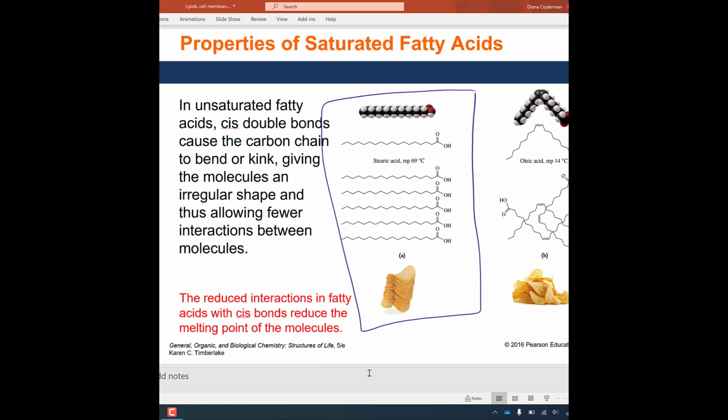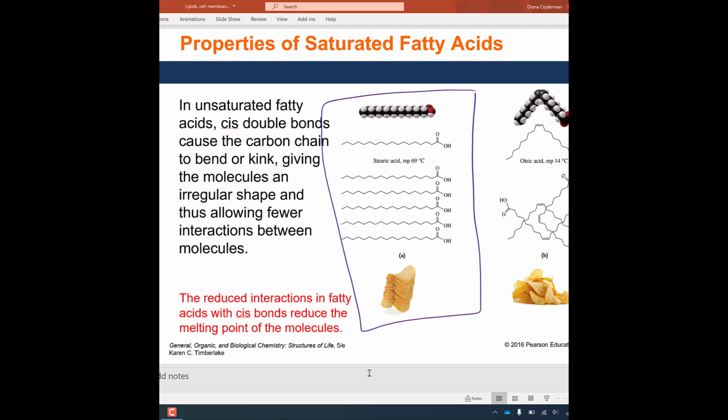And even in some cases, a trans double bond may do the same thing. A trans double bond, where you still have kind of this straight, nice, flat layout, may do the same thing.